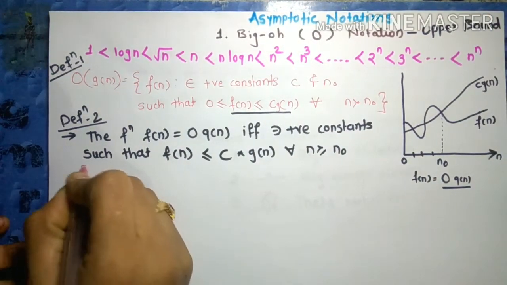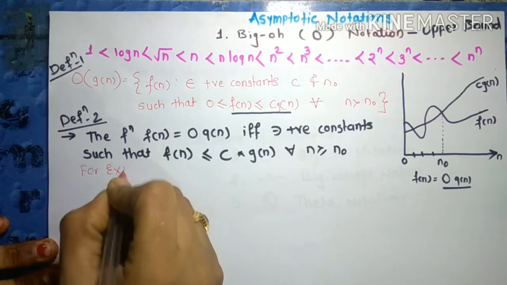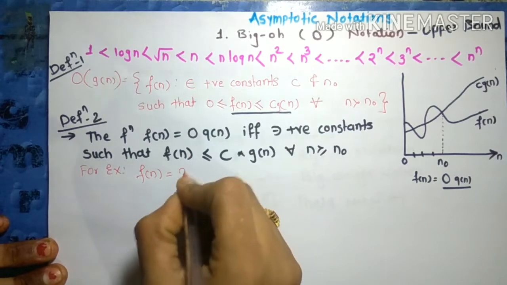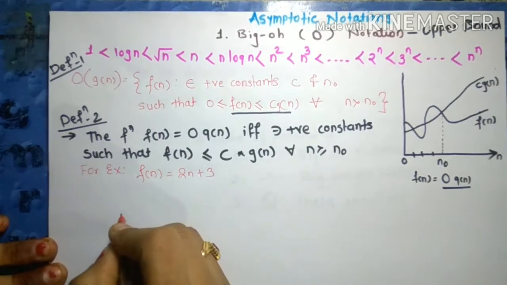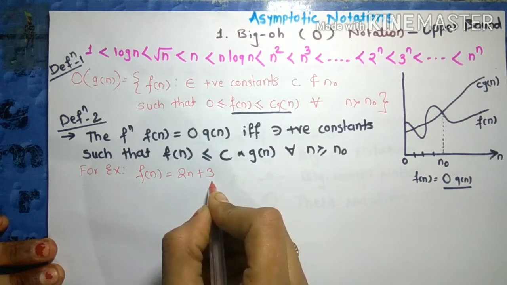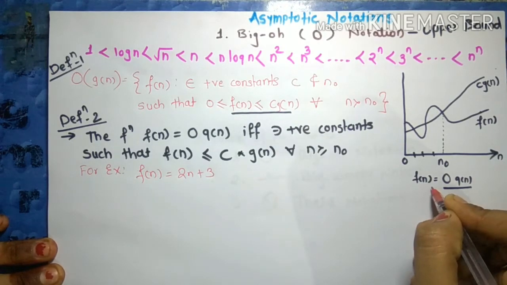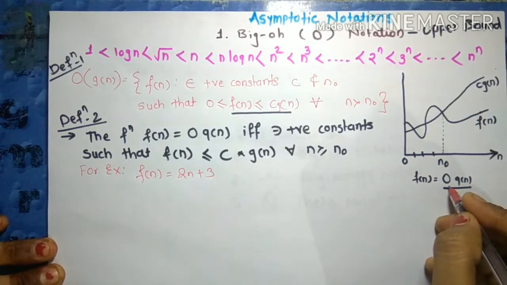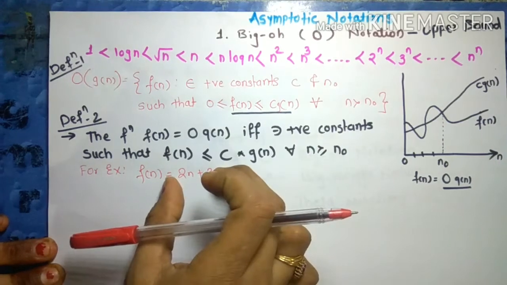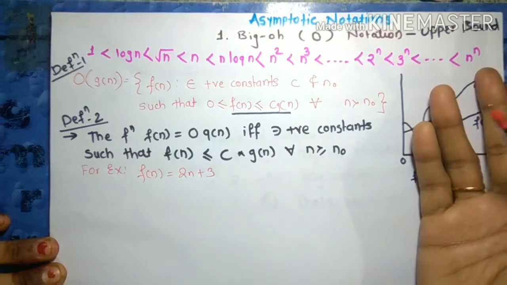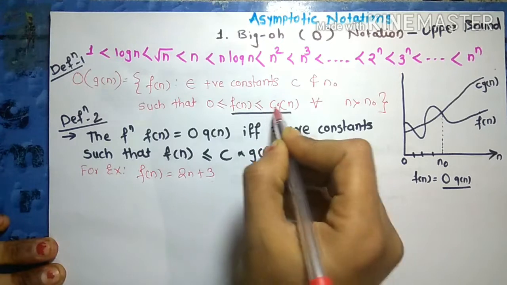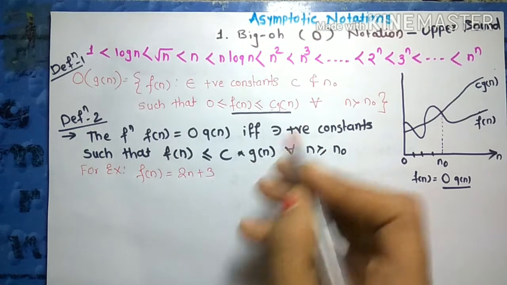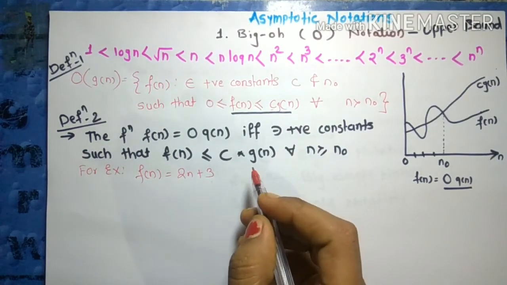For example, f of n is equal to 2n plus 3. Now, if this is f of n, to make it g of n in the worst case, what we have to do is that it should be less than c times g of n, which means there should be a positive constant also. As this is a linear equation, we can arrange it again as linear.